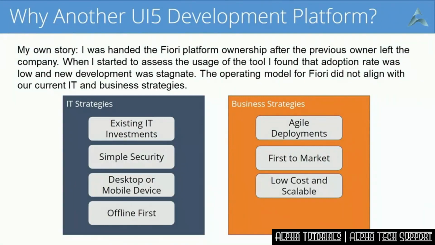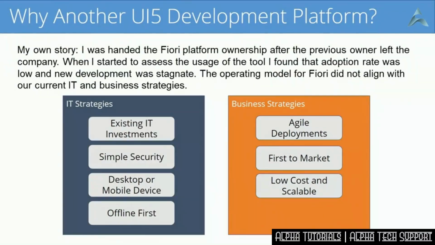Even to do a proof of concept, we were getting bids from integration partners of $200,000-$300,000 for a proof of concept, right? That just did not work for our business model, especially for a proof of concept where we didn't even know whether we were going to scale this thing or not.